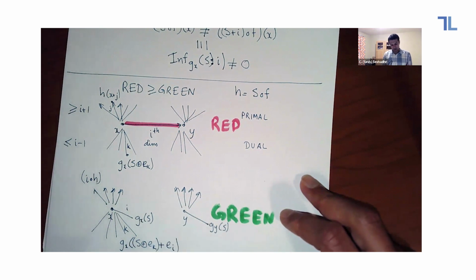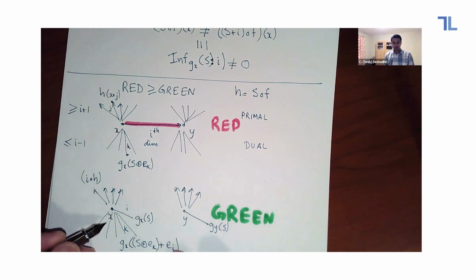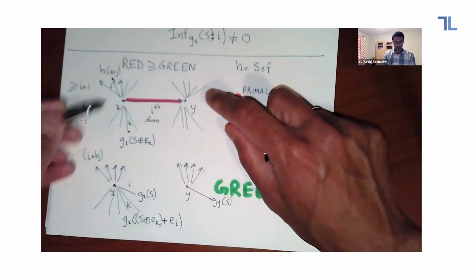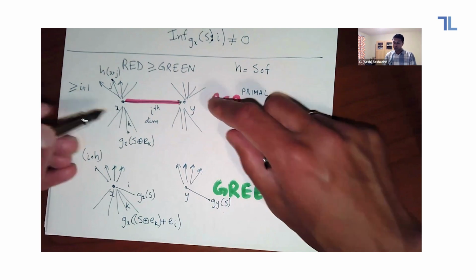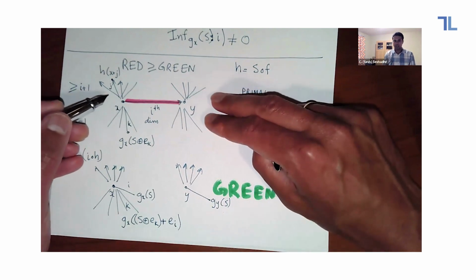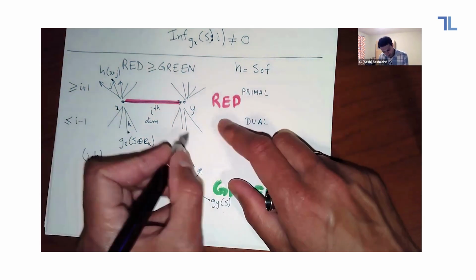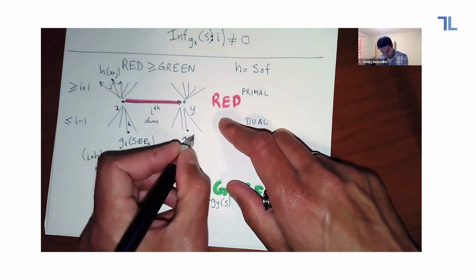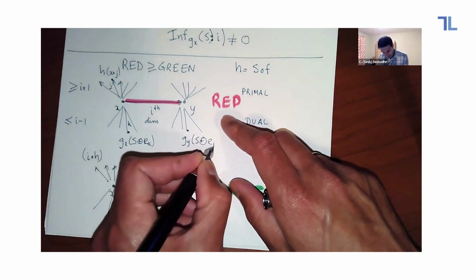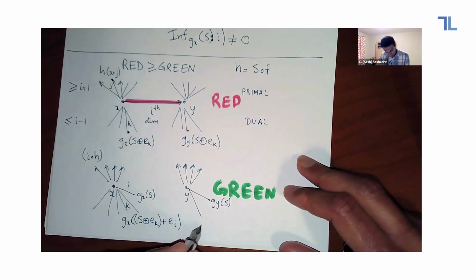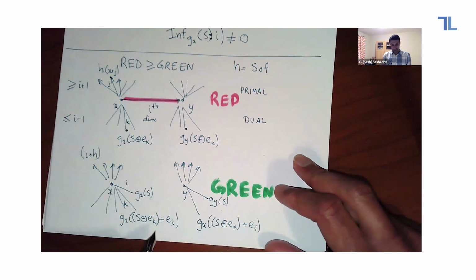on the ith coordinate. So one way to think of this is the picture if you have not switched on the ith coordinate. Now, if you were to switch on the ith coordinate, you would get this picture. So if you look at this and this, gy of s plus ek, and look at the corresponding thing over here, gx s plus ek plus ei. What does this mean?